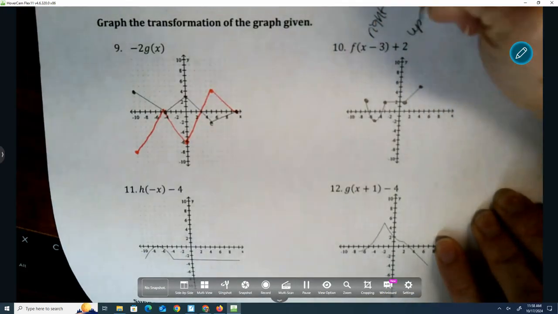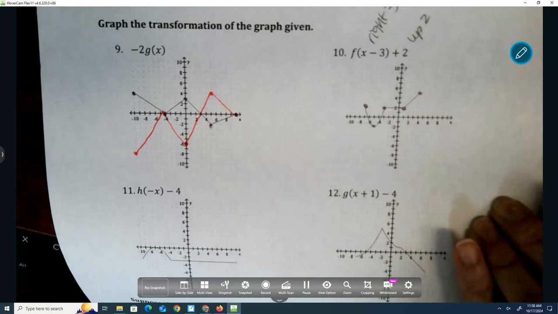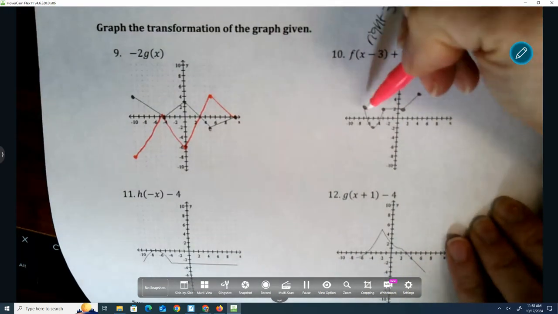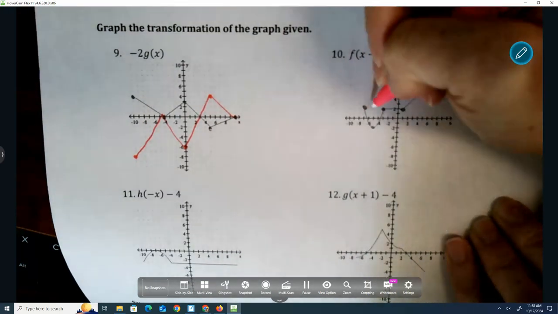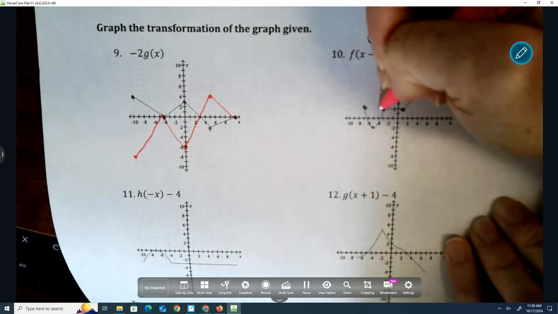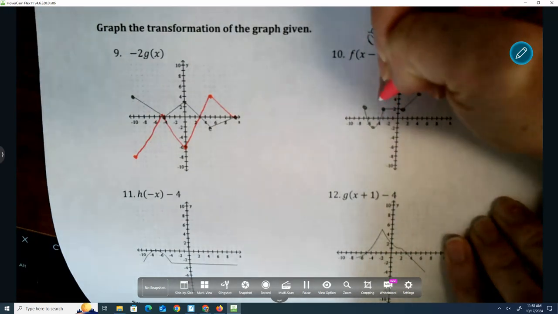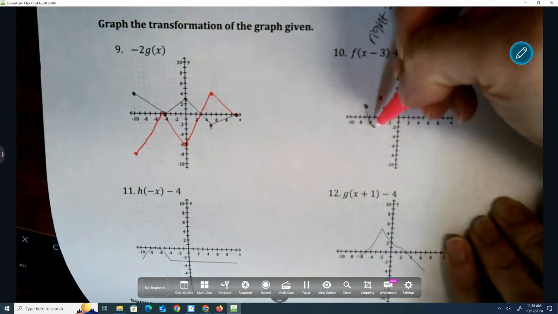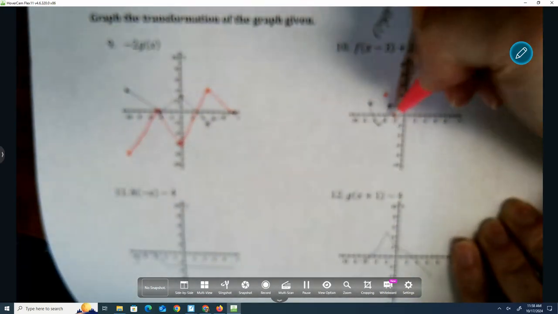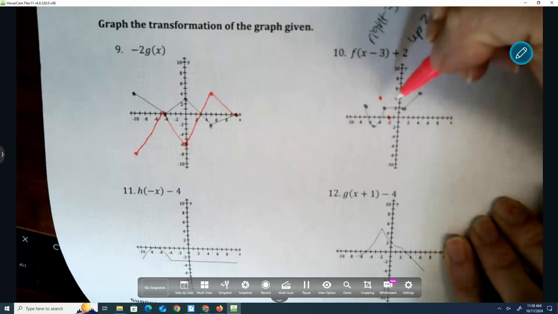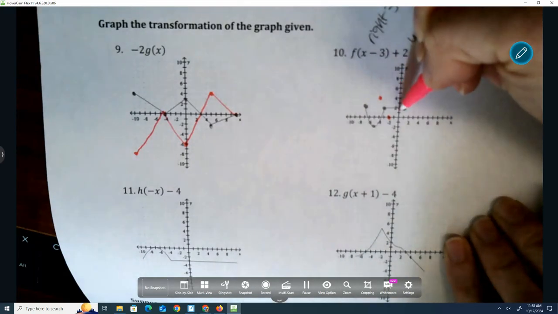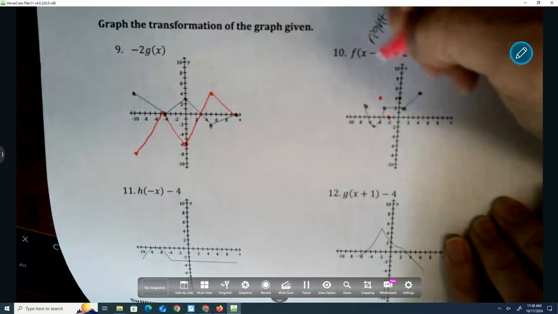The +2 is up 2. So let's take each point. If I'm right here, right 3, up 2. -5, -2. So right 3, up 2. -3, 2. Right 3, up 2.